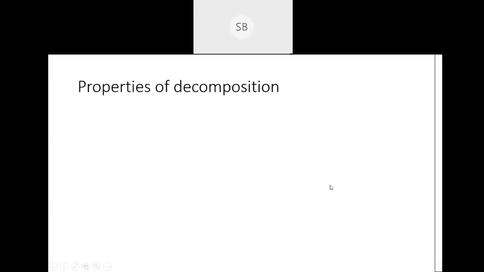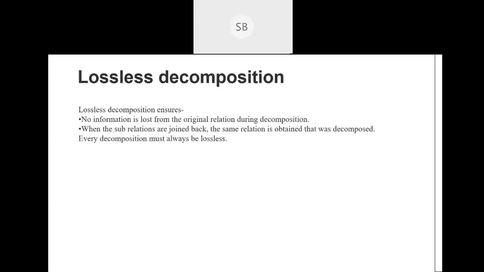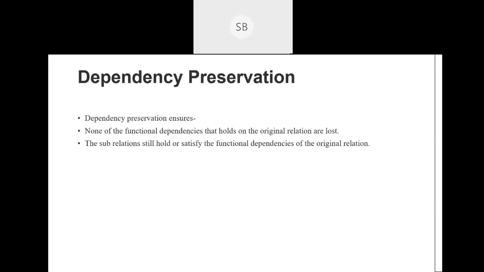So there are two properties of decomposition. First is the lossless decomposition. In lossless decomposition, as the name suggests, when you decompose the table, no information will be lost. Okay, so that is known as lossless. And next we have dependency preservation. What does dependency preservation mean?